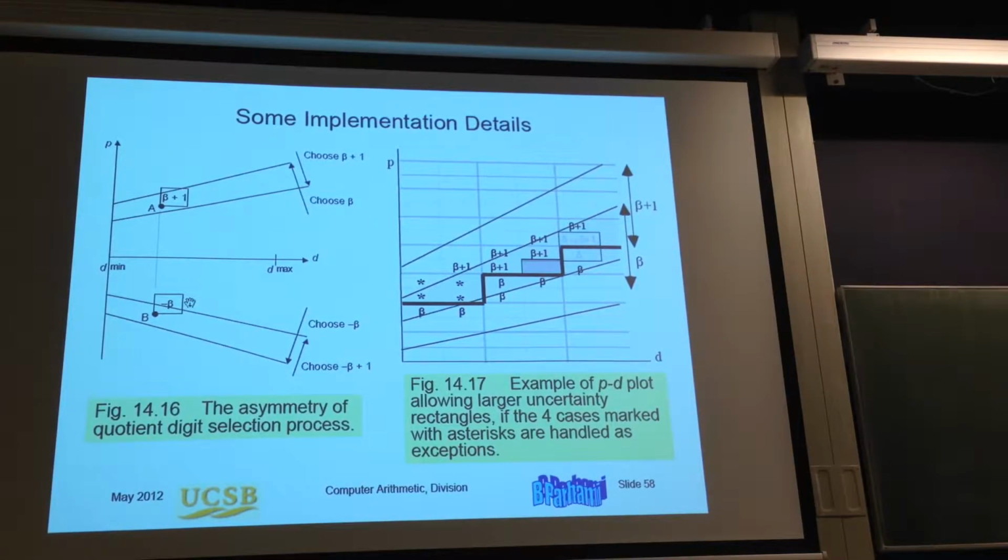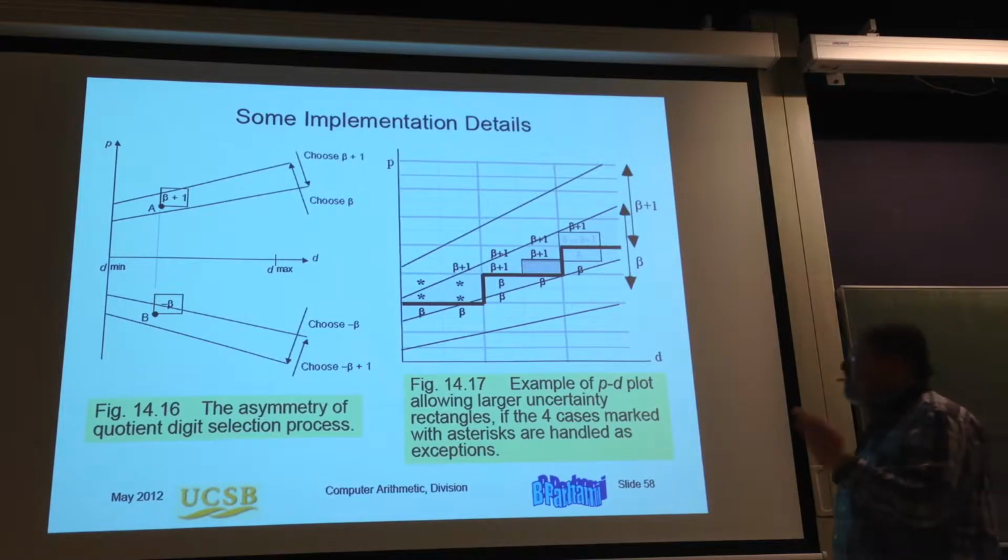Actually, it's not true due to the 2's complement representation. There is symmetry in this diagram, you can rely on it, but you have to be careful because sometimes it doesn't hold true.